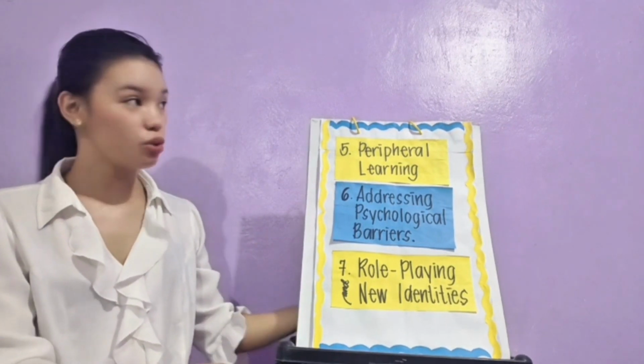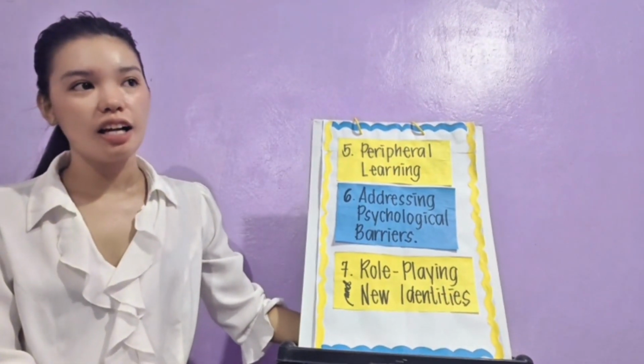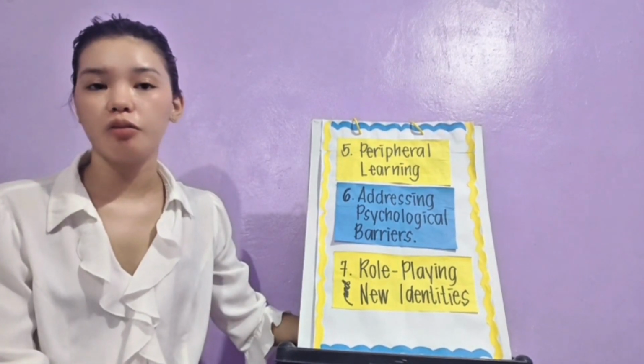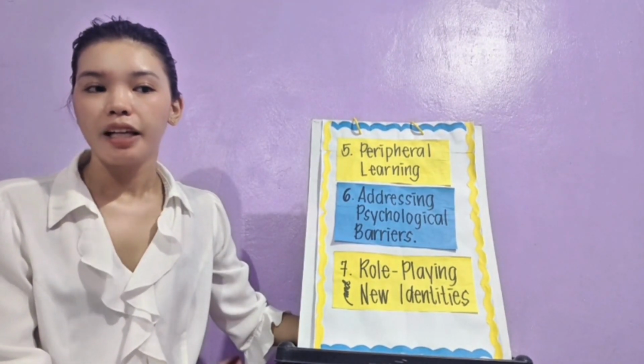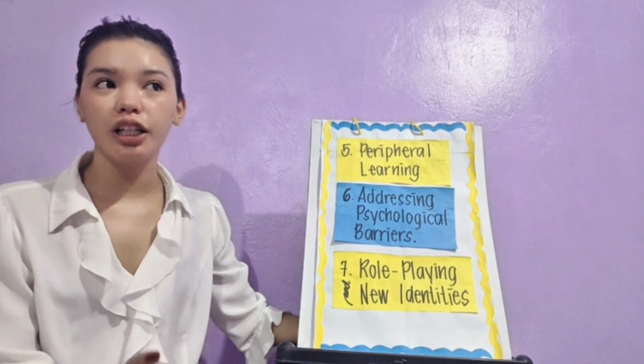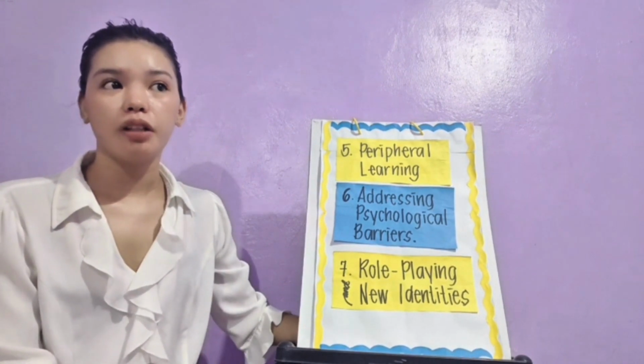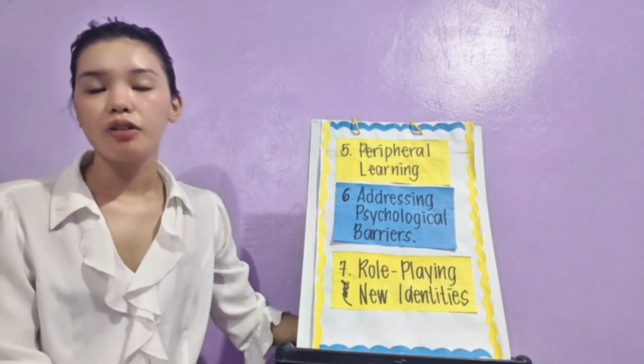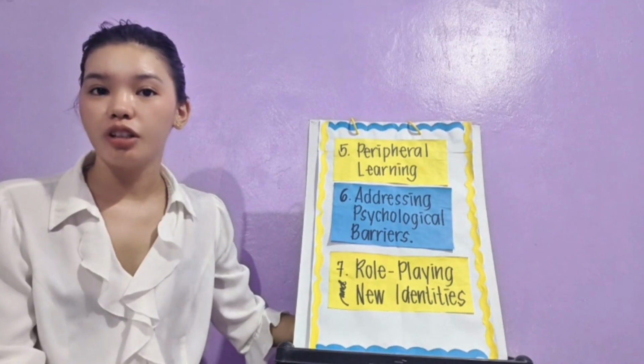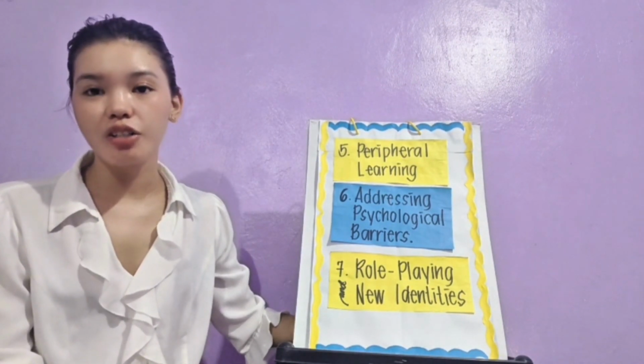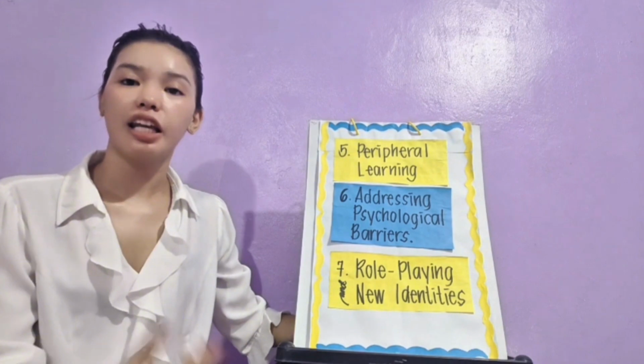For example, the posters na nasa environment sa classroom setting natin. Kahit hindi doon nakafocus yung learning natin in a particular lesson, somewhat it gives the information that the learners can gain knowledge.